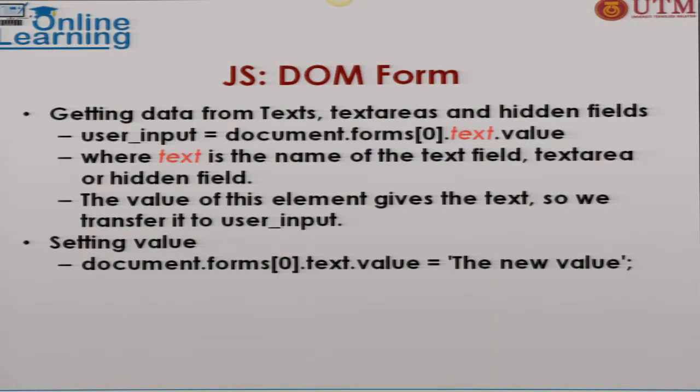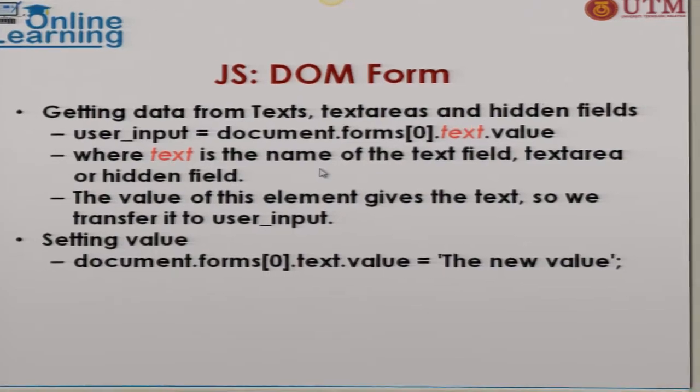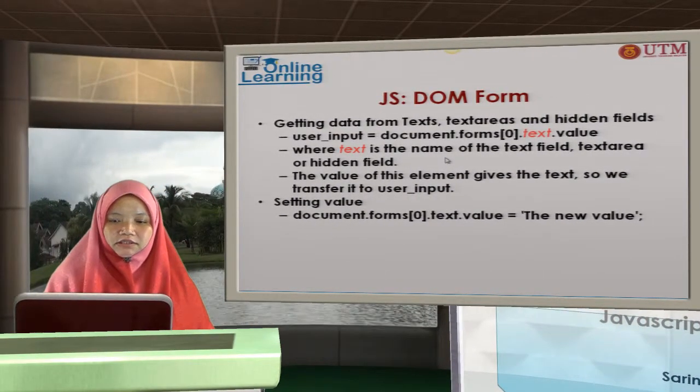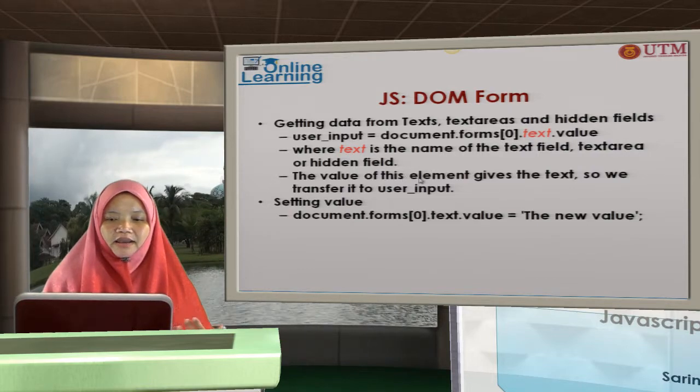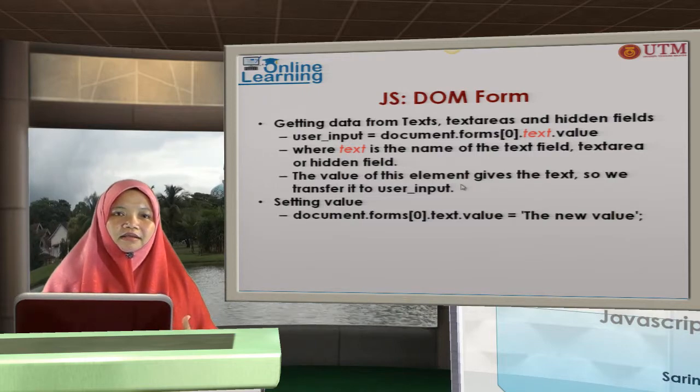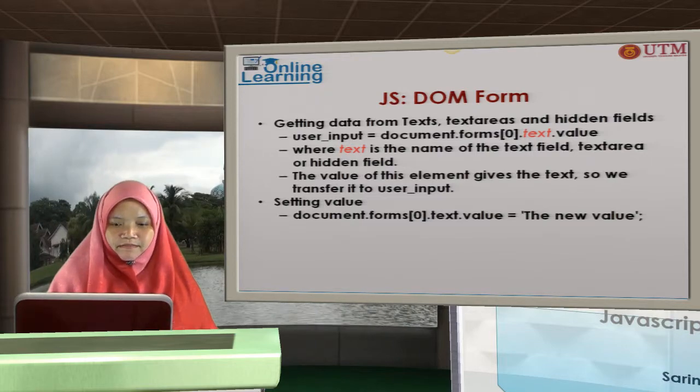The way to use it is user input, document.form, and then .text.value, where you can change the text with the name of the text field, text area, or hidden field. You can change it here because this is the value of these elements, so you can transfer this text to your user input.